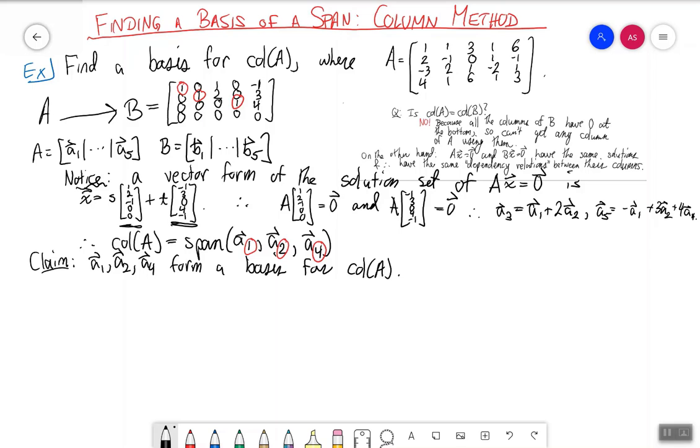How are we going to do that? Let's use B. In particular, we're going to use this fact here that B and A have the same dependency relations.